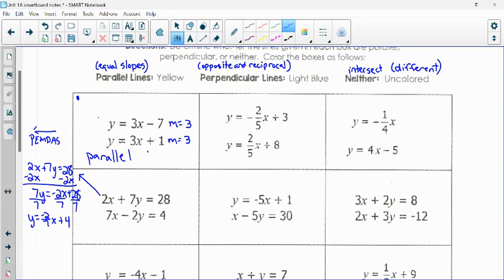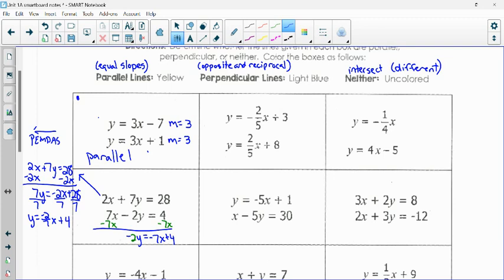Again, we're trying to get the y by itself. So I'll subtract 7x. Again, these are not like terms on the right side, so I'd write that as negative 7x plus 4.